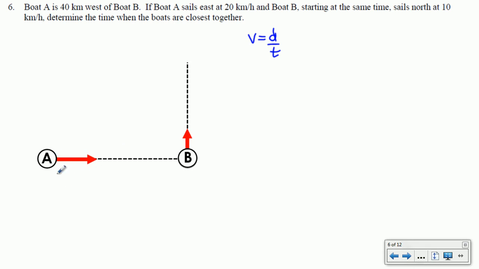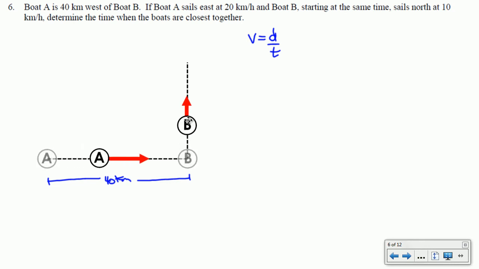So they start at 40 kilometers apart, and at time 0 they start moving. So we can maybe let these boats move a little bit and see what happens. So A would go there, B would go there after some amount of time. So given this equation, we can figure out how far they traveled in a certain amount of time by isolating this equation for D. So D is going to be Vt.